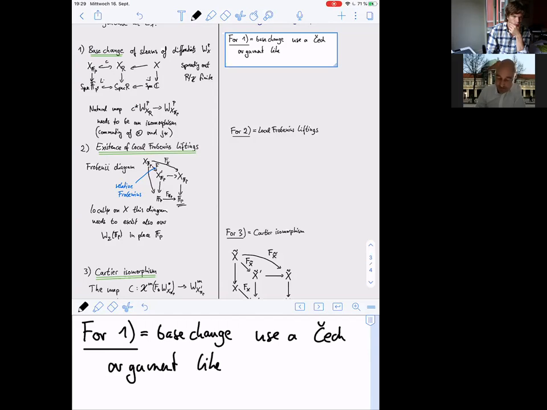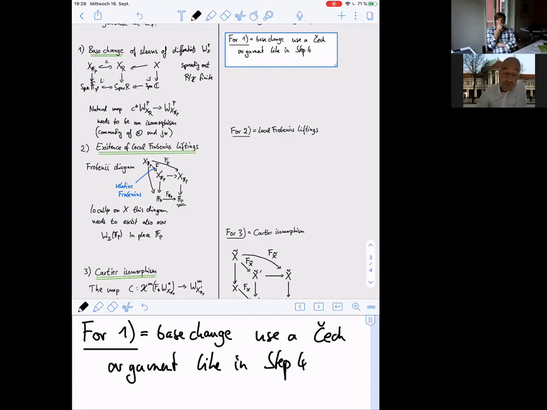Like in step 4. Again, upstairs in the log smooth situation, you have a base change. You just need to show it downstairs. And there's only then one term in the Čech complex where things might be different, but you know what's happening on cohomology.